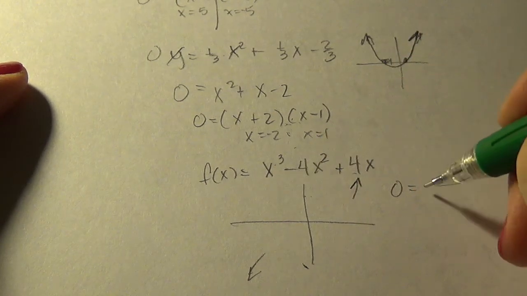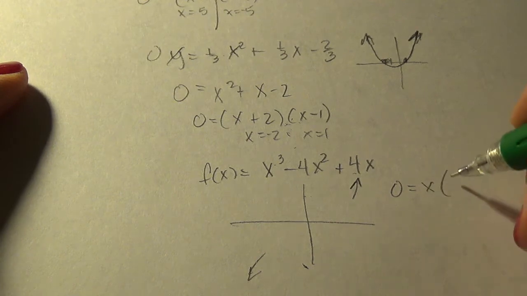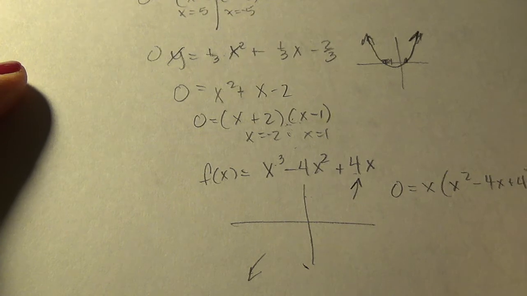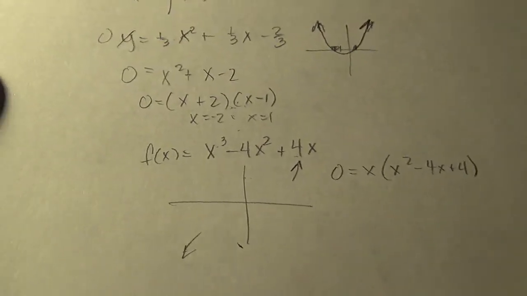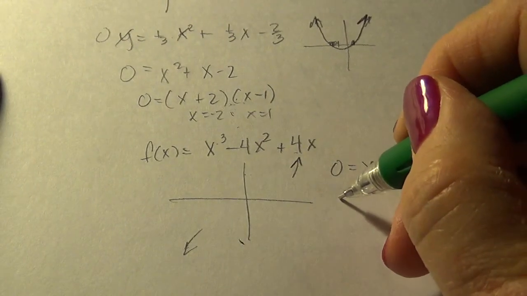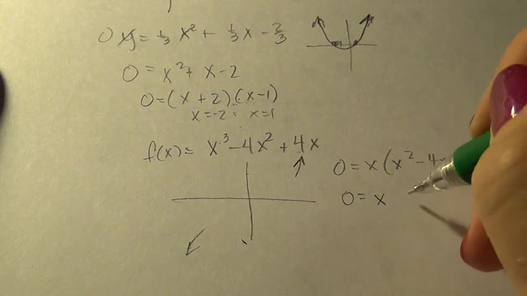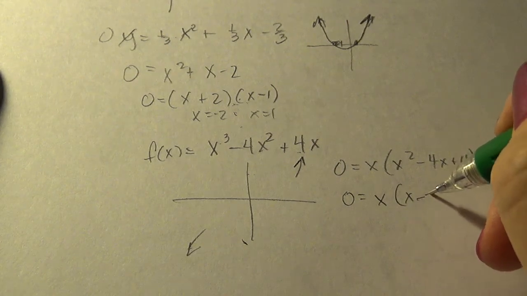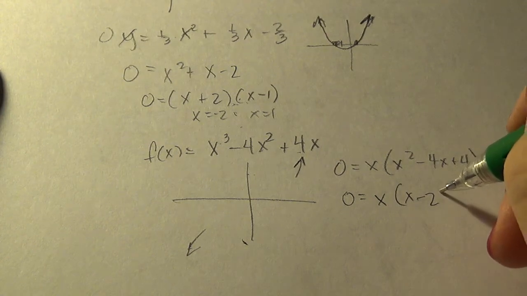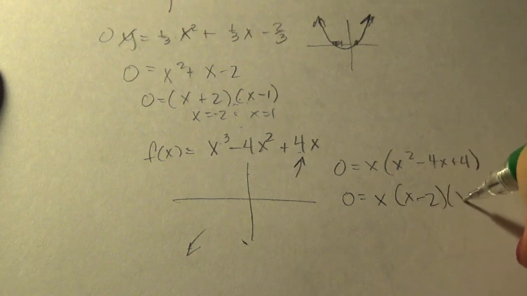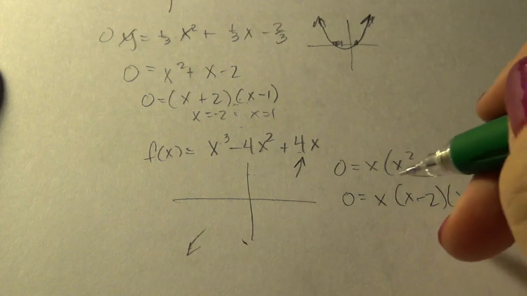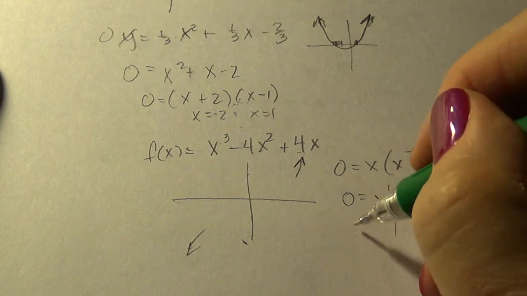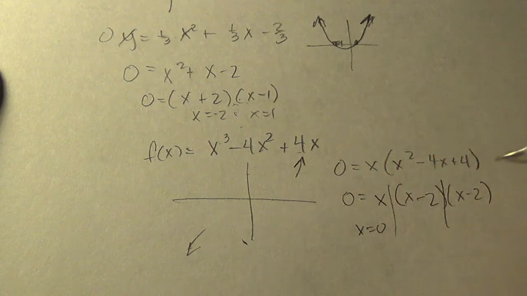Each of the terms has a common factor of x, so we're going to pull it out. And we get x times (x minus 2)(x minus 2). So we have 3 branches. We set each one equal to 0.